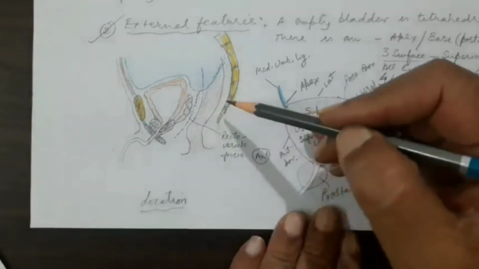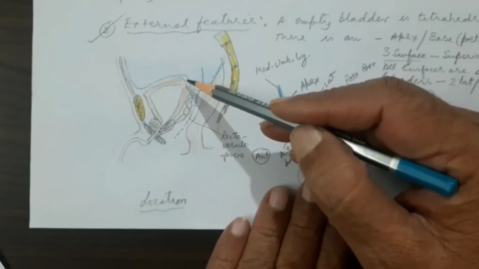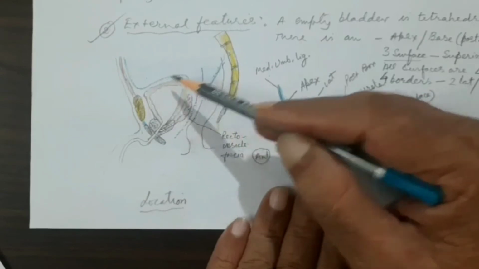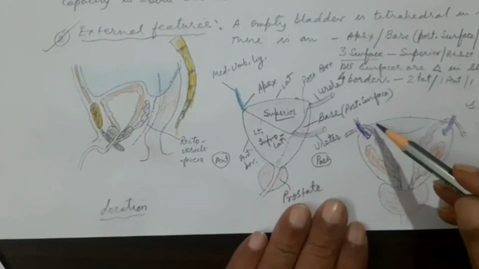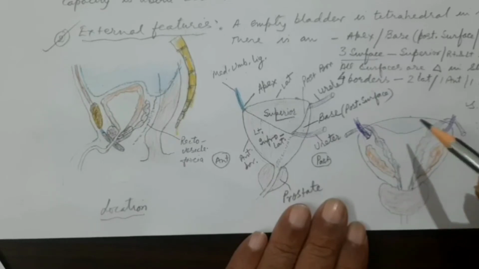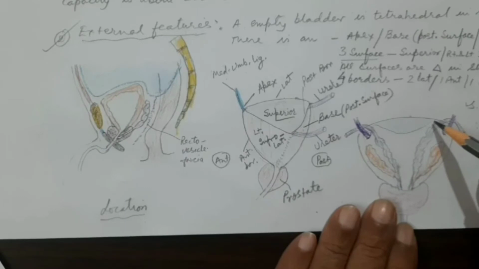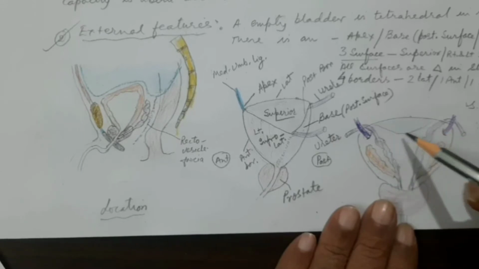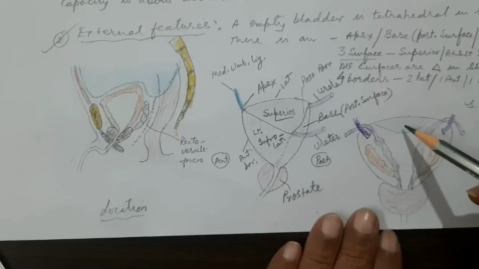Now this is also related here with the peritoneum. If you see the relation of peritoneum, the upper part of the posterior surface is covered by the peritoneum. Only a very small part of the posterior surface or base is covered by peritoneum.